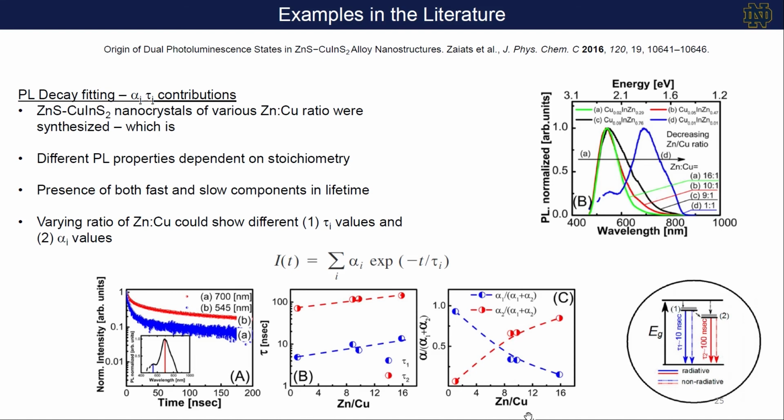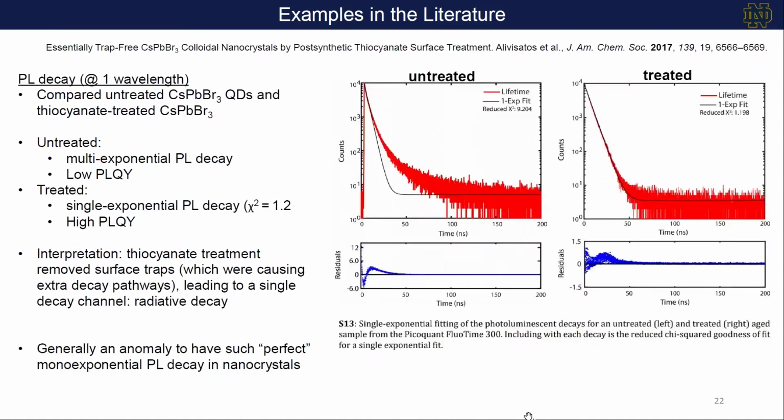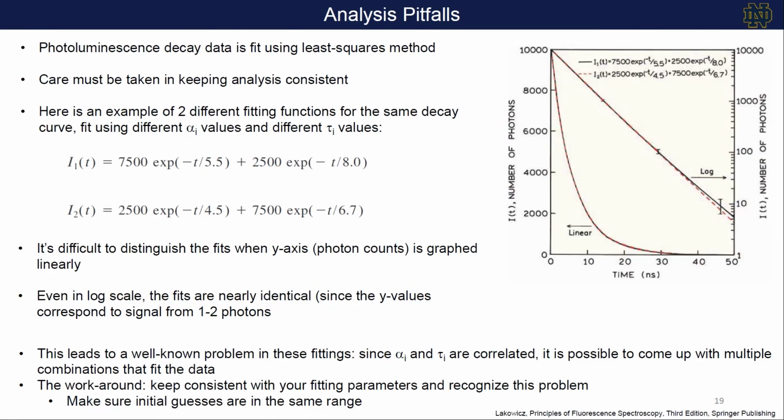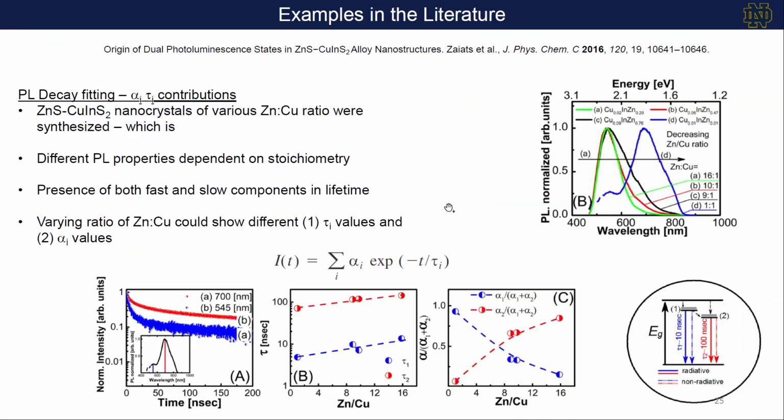I think this also highlights an interesting point, as I mentioned a few slides back. As Lakowicz pointed out in his textbook, there are multiple different alpha sub i's and tau sub i's that can describe the decays in these cases. But the nice thing is, as long as you're self-consistent in your analysis, it may not matter so much, because in this example we're not so concerned with the actual tau sub 1 and tau sub 2 values.